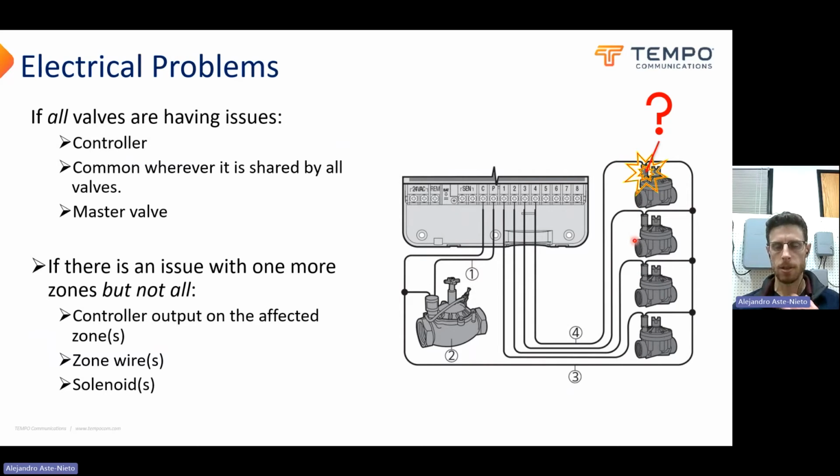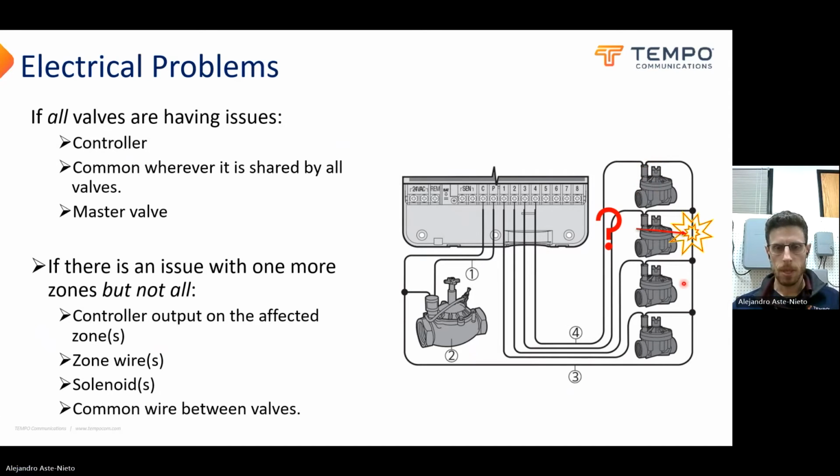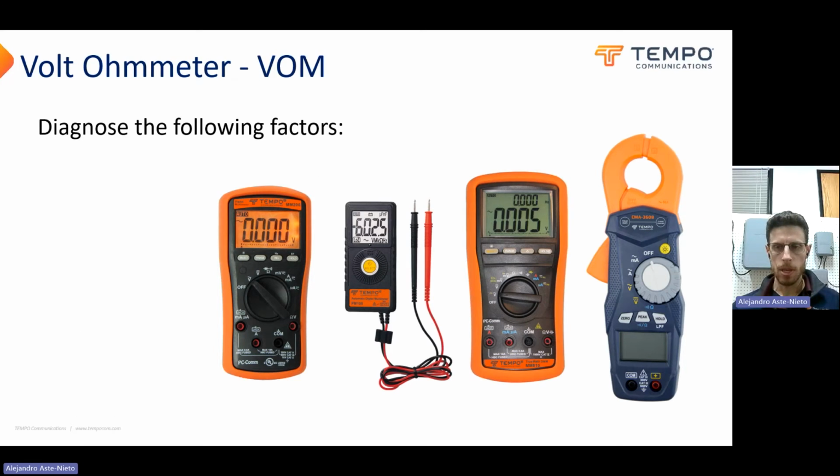There's a bad splice in there. One more possibility is that the link between a couple of valves could be defective, taking these ones out of operation. And we can use multimeters to help us diagnose any of this stuff.